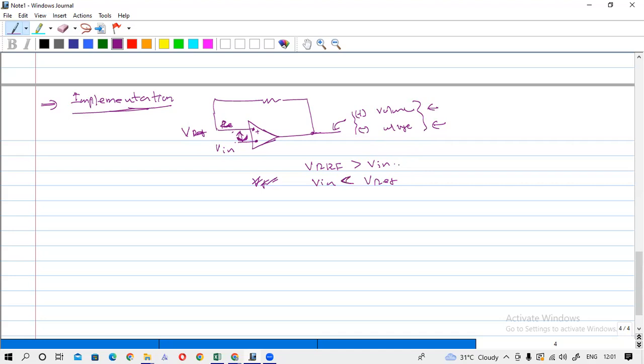So if Vref is greater than V in, you have a high voltage value here, so the output will be high. Let's say that it is 1. And if V in is less than Vref, you have a low voltage value. Let's say that it is 0.